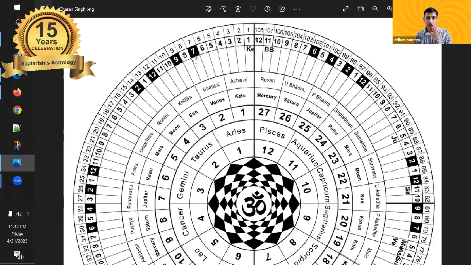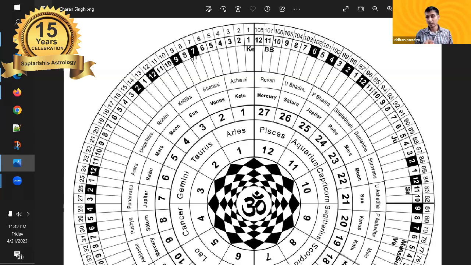Any planet in these dark padas is going to give you good results. Even malefic planets in this Pushkar Bhag will give positive results. They will not harm you as much as they otherwise would. So it's very important to note this Pushkar Bhag.